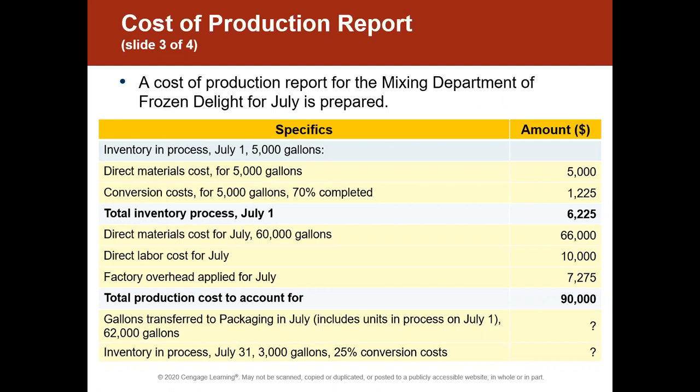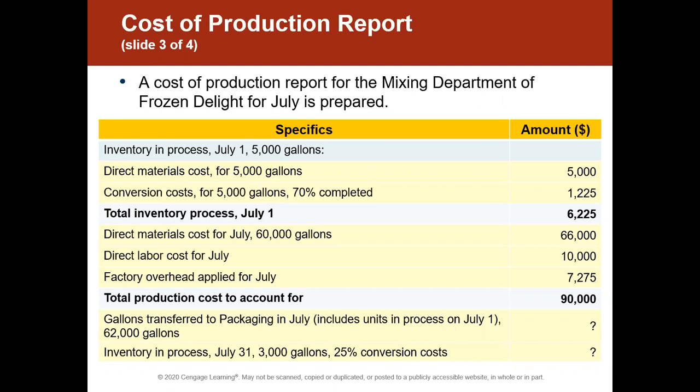In other words, stuff they were working on yesterday, June 30th, but that isn't quite done. The direct materials cost for those 5,000 gallons are $5,000. Apparently, it's $1 a gallon, direct materials. The conversion costs, remember, conversion costs is the labor we're putting in plus any overhead we're adding to it. The 5,000 gallons are 70% completed for conversion.